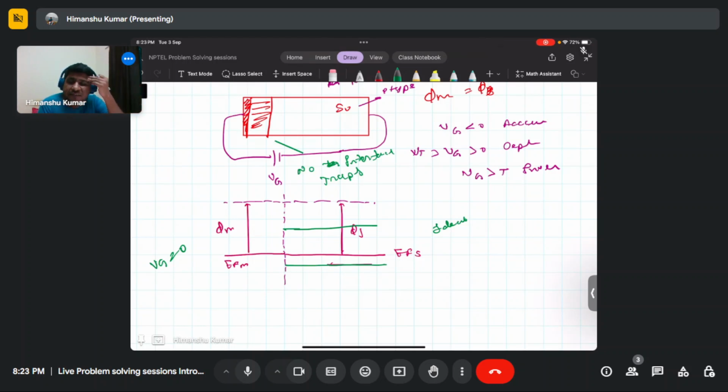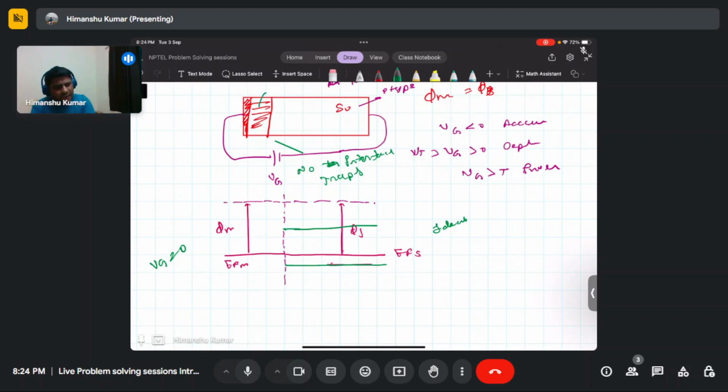So there are some bonds which are not satisfied, and that will contribute to the fixed oxide charges in the case of semiconductors. Also, because of improper deposition or growth process, some ions may be introduced within the oxide growth, so that also contributes to a charge, or they can be mobile charge, with lighter atoms like sodium and those kinds of things. And there can also be fixed charges which remain fixed within the oxide region.